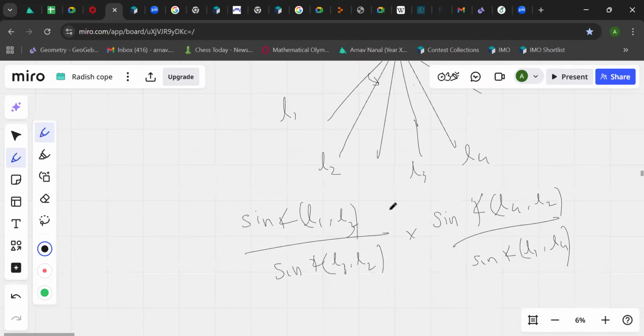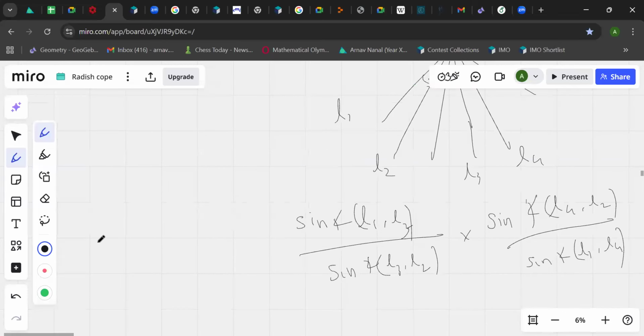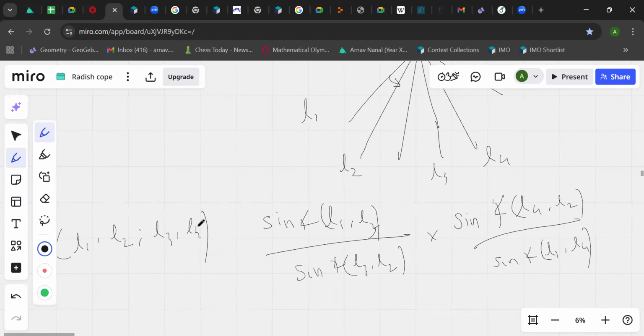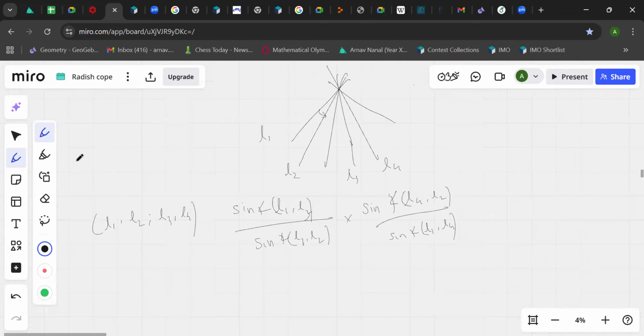This is the cross ratio of L1, L2, L3, L4. We define it this way.